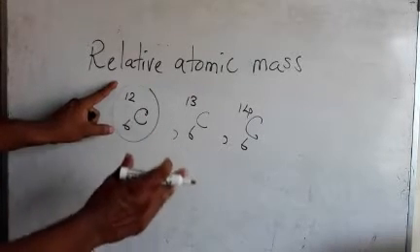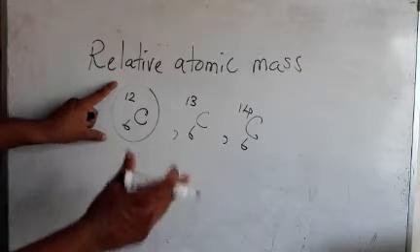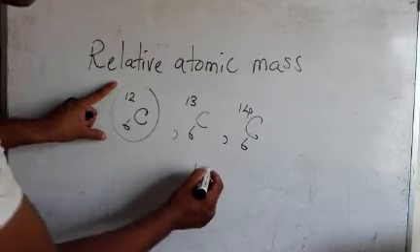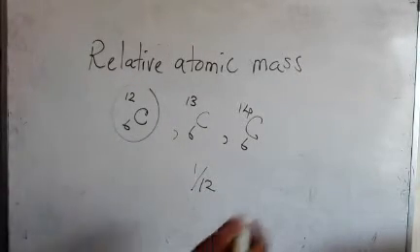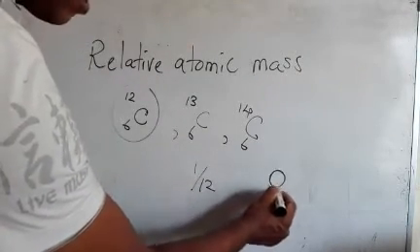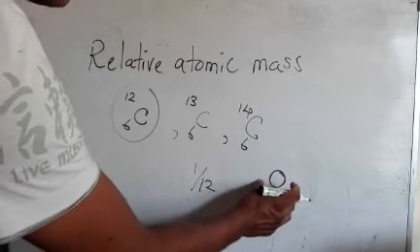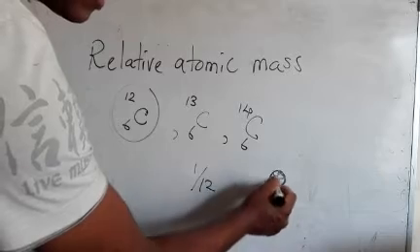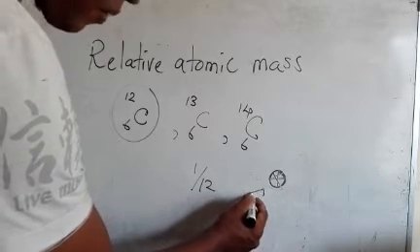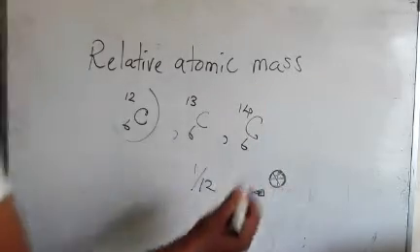The chemists have decided to select 1/12 of the mass of a carbon 12 atom. As an example, if this is the carbon atom, they have divided it into 12 parts, and that small one part is taken as the unit.